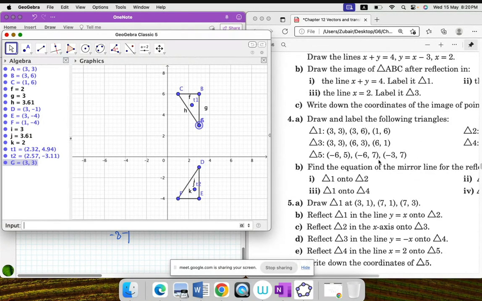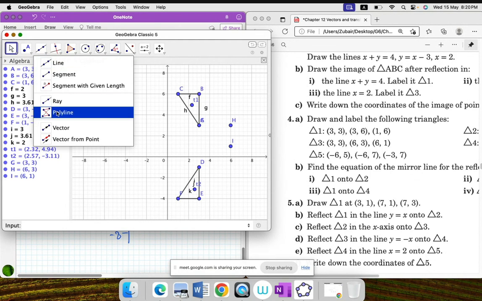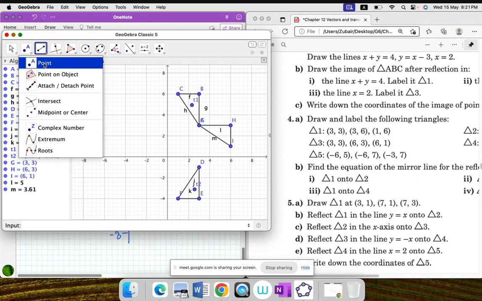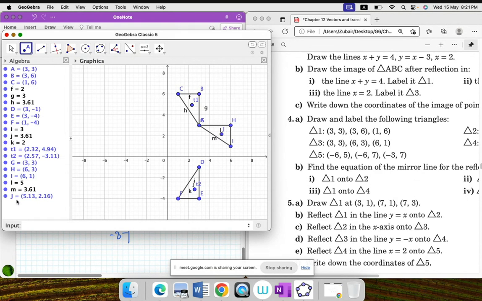3 comma 3, then 6 comma 3, then 6 comma 1. And this is triangle 3.